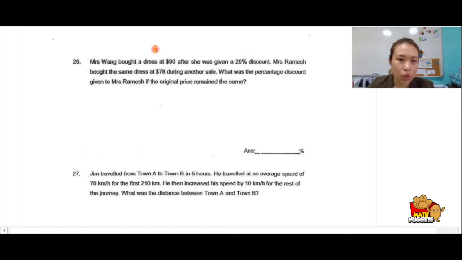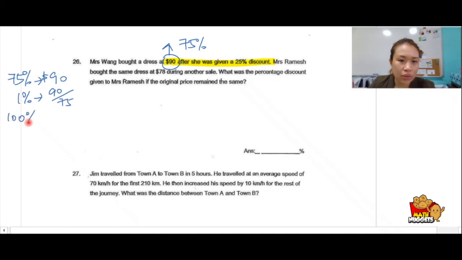Question 26. Mrs. Wong bought a dress at $90 after she was given a 25% discount. So $90 is actually 75% of the usual price. Okay, so let's find out the usual price. So 75% is $90. So 1%, you can just take 90 out of 75. And if you want to find the usual price, 100. So it's 90 out of 75 times 100.